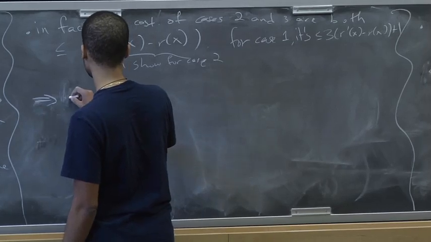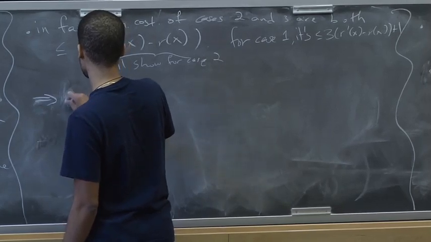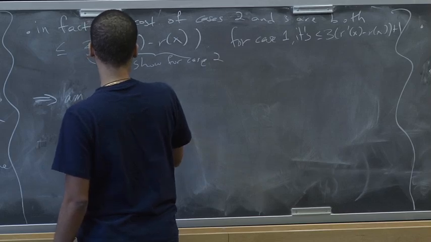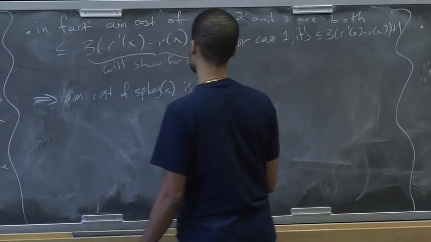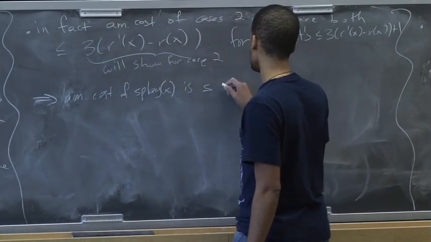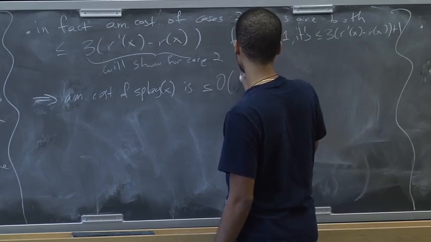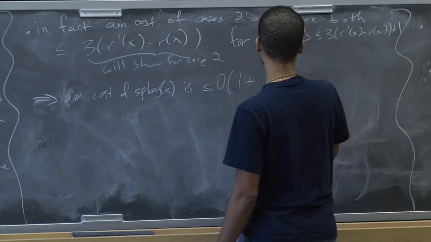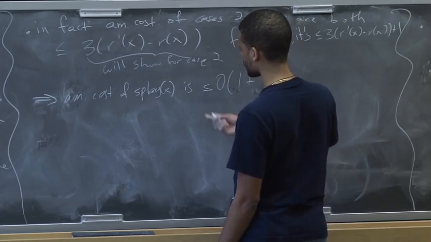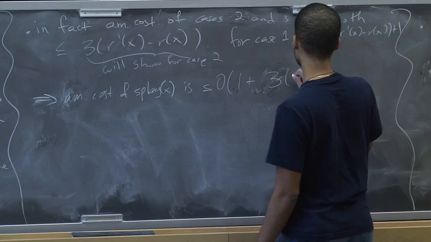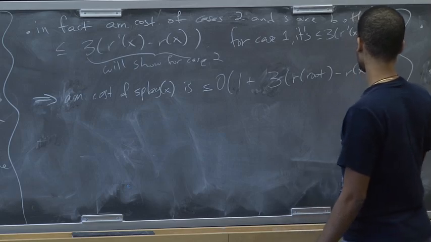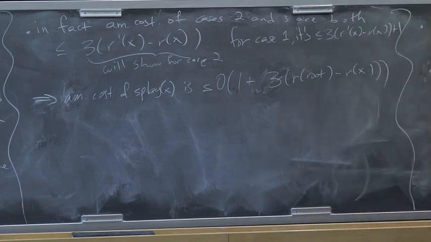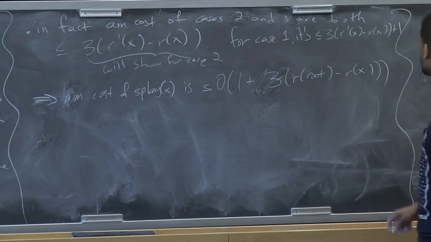That implies that the amortized cost of splay x is at most O of 1 plus 3 times r of the root minus r of x, which, if you remember, r of x is the log of the sum of weights in the subtree.